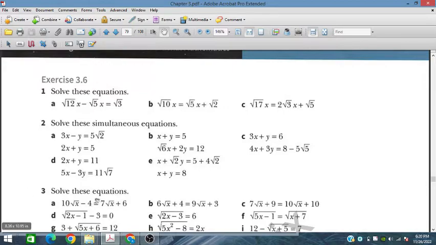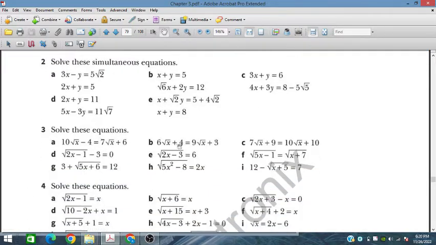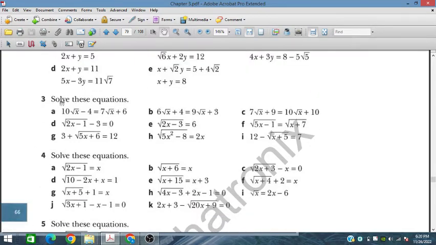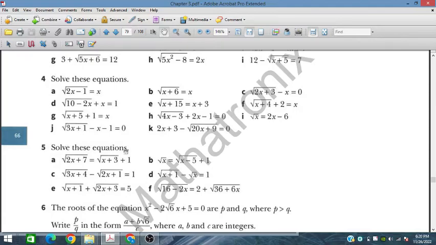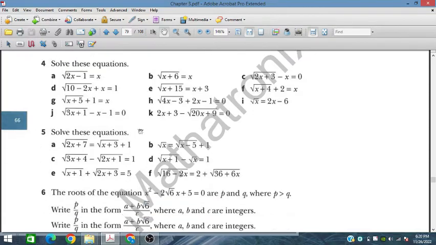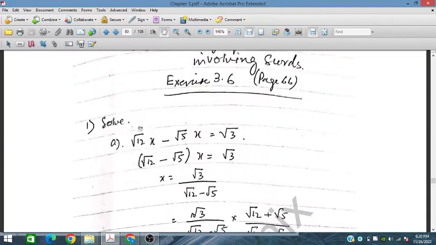And for problem number 3, we have to simplify where the variable is under the roots, so this variable is in the form of surds. We have to solve every problem. So let's start from problem number 1.